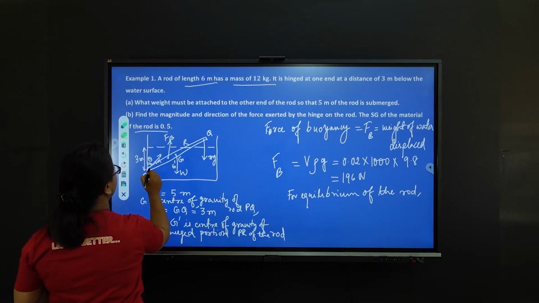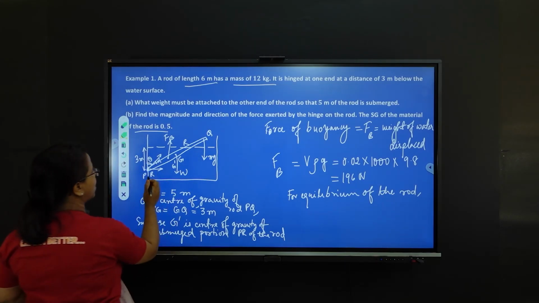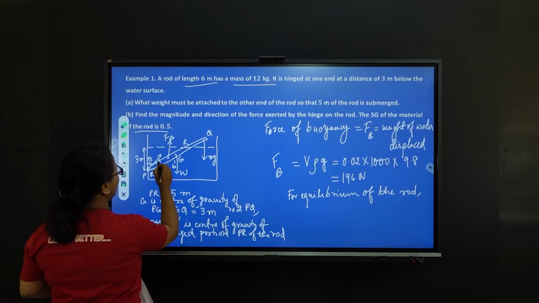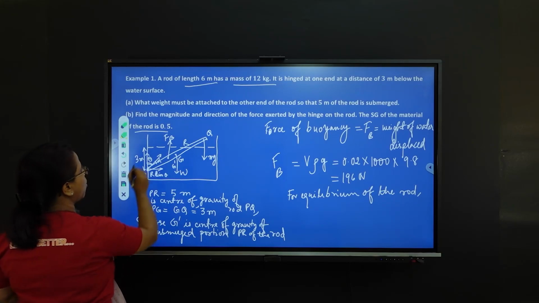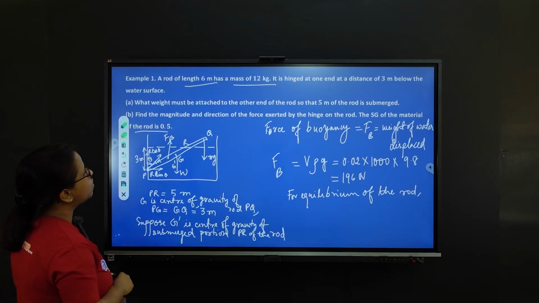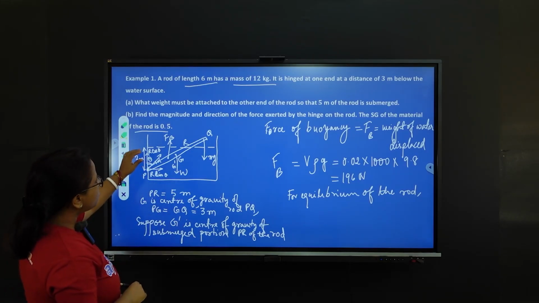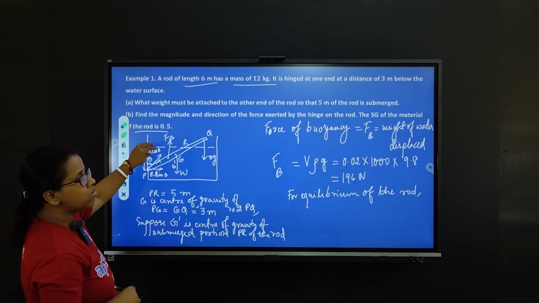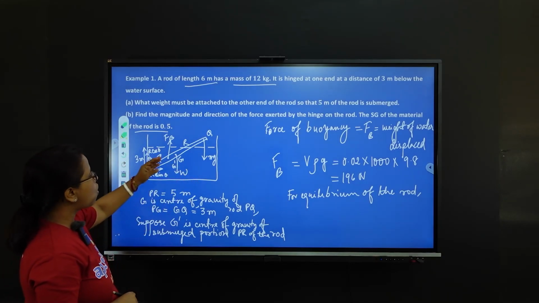Let us assume the reaction force to be r. Then we have this as r sine theta, and the vertical component is given as r cos theta. This is the component of the reaction force which is exerted by the hinge on the rod.